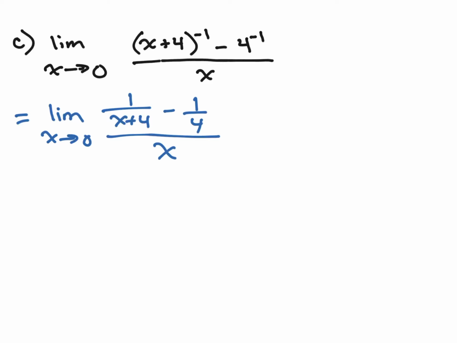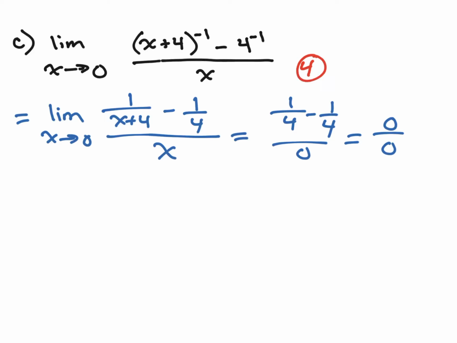Because that makes more sense to work with, right? When I plug in the 0, I'm going to get 1 over 4 minus 1 over 4 over 0, we get 0 over 0. So this is going to be our fourth method.